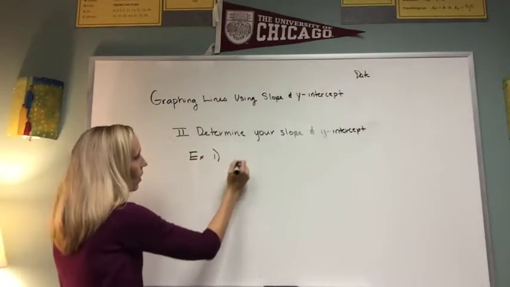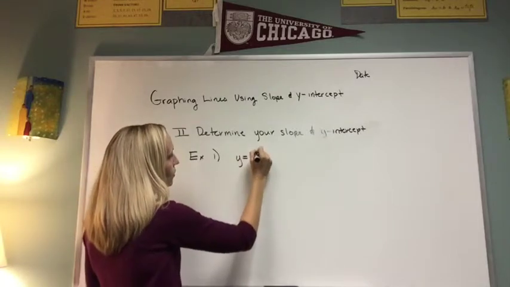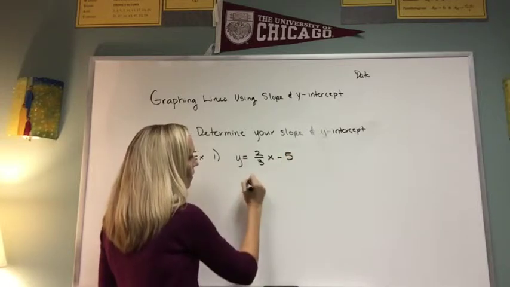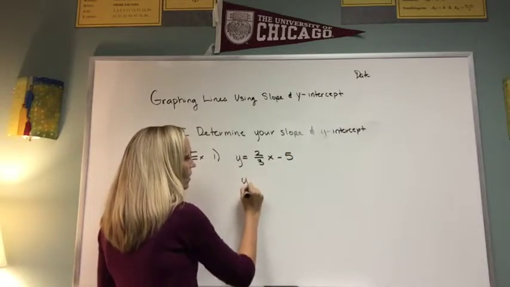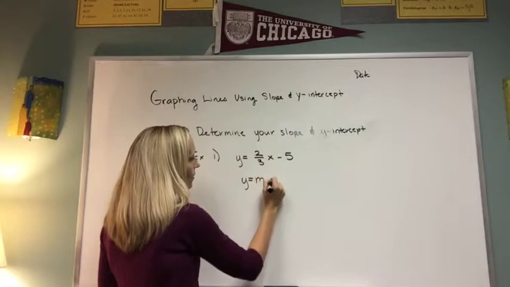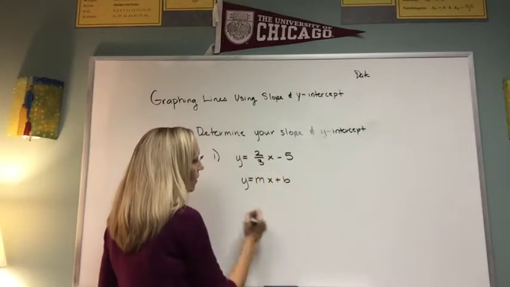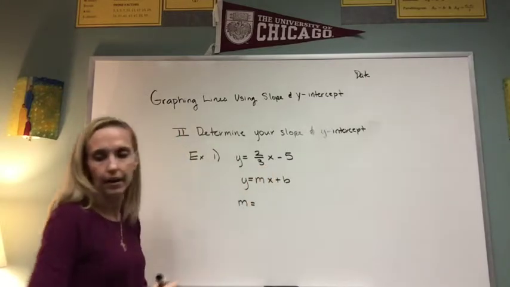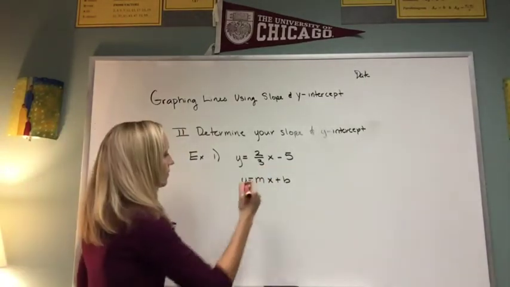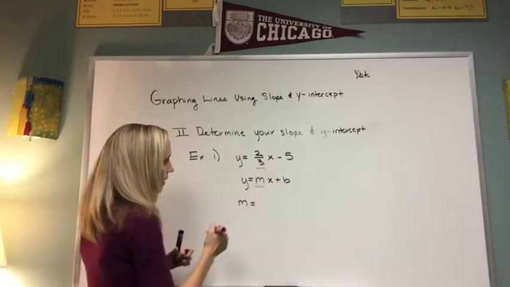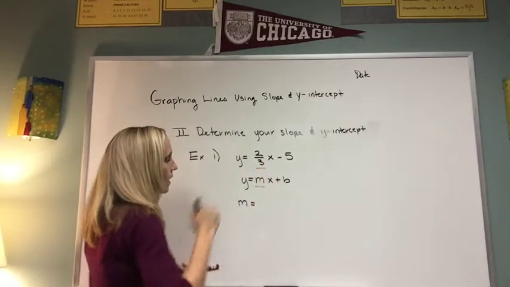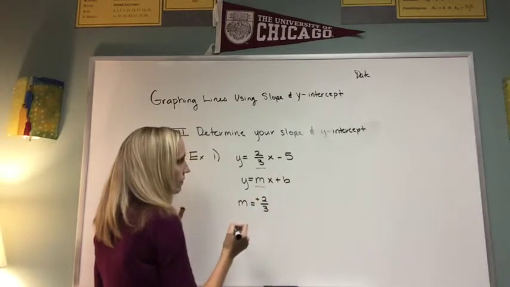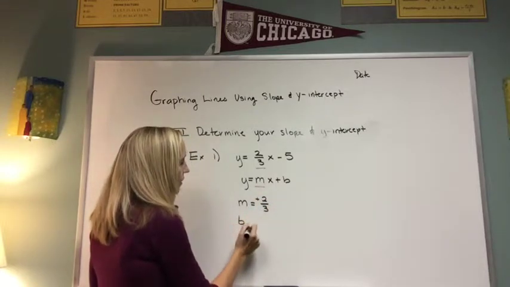Example number 1. y equals 2/3 x minus 5. And remember that it's in the format of y equals mx plus b. So our slope is the number before our x. So our slope here is a positive 2/3. And what's our y-intercept?